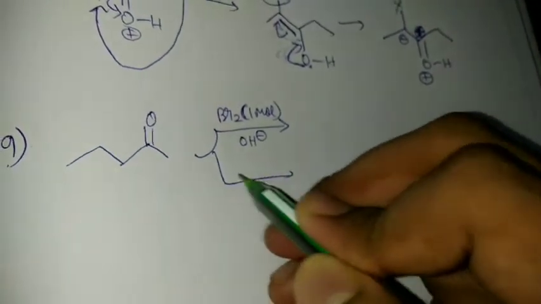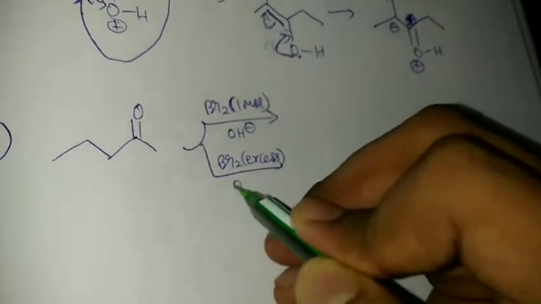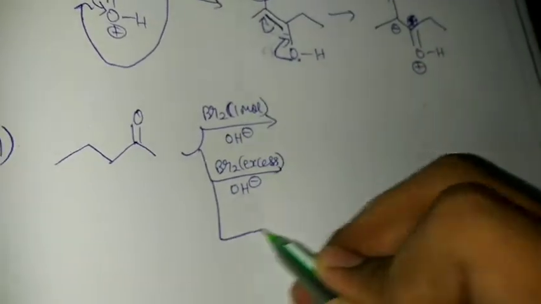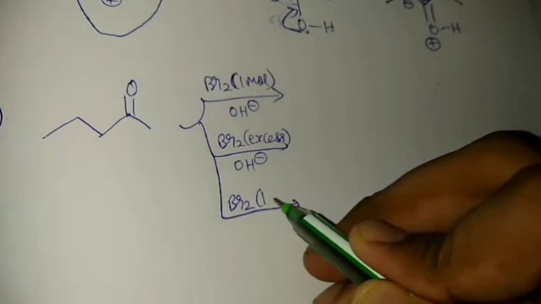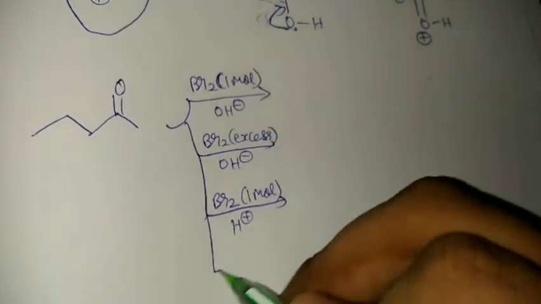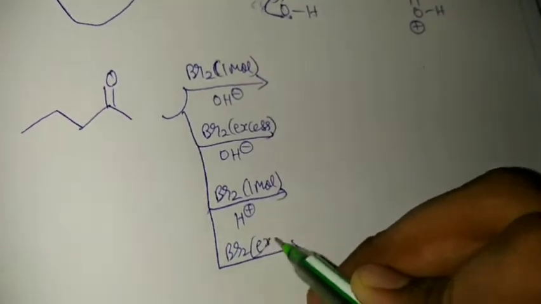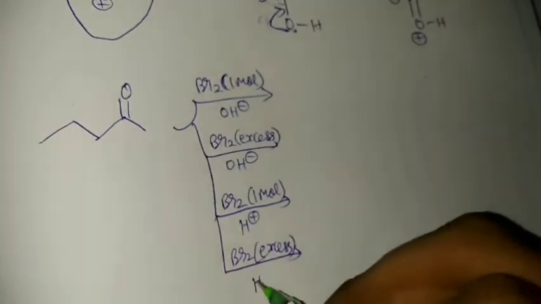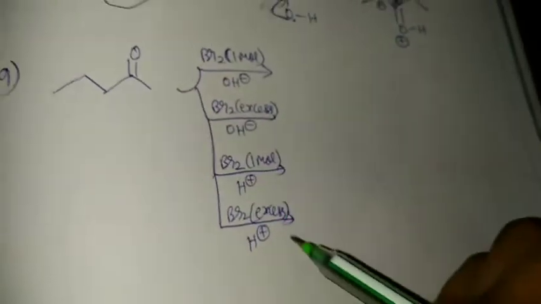Then Br2 excess, OH minus. Kindly do these questions, it will be so useful. Then 1 mole H plus, Br2, and Br2 excess, H plus. So comment below the answers for this question.